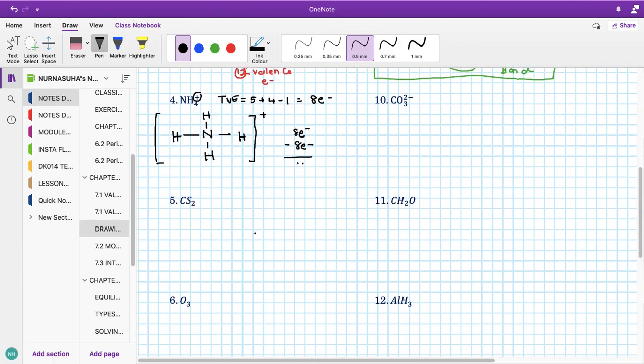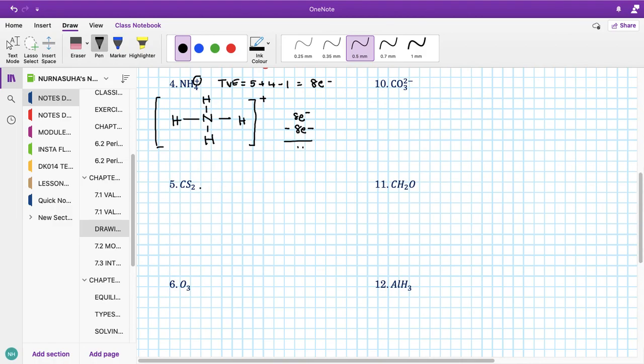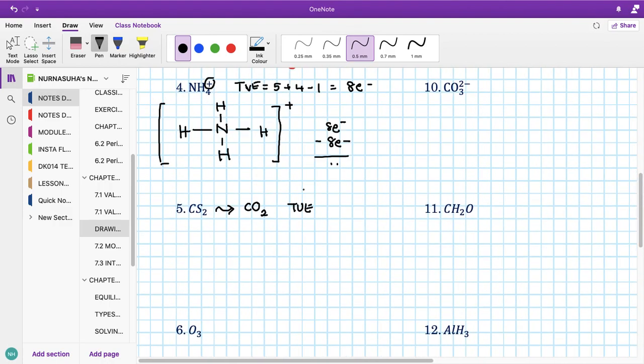So next one, CS2. So CS2 ni sebenarnya dia punya keadaan ataupun situasi dia sama macam when we draw CO2. Okay, so total valence electron dia karbon 4, sulfur 6, 12. So 16 elektron.